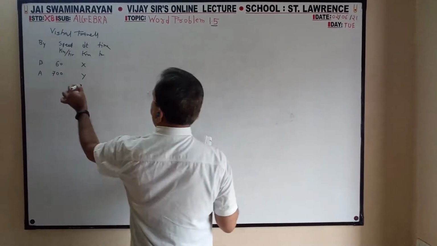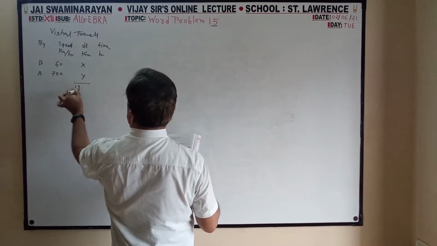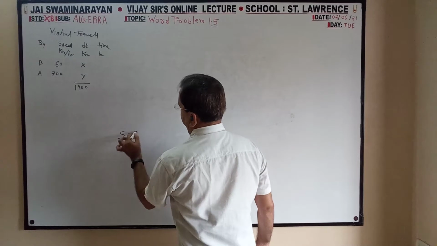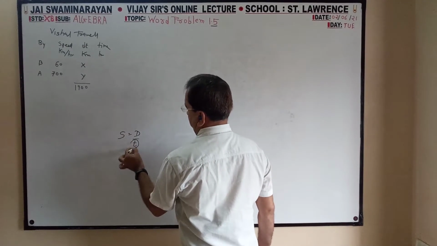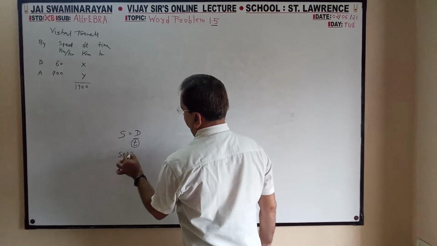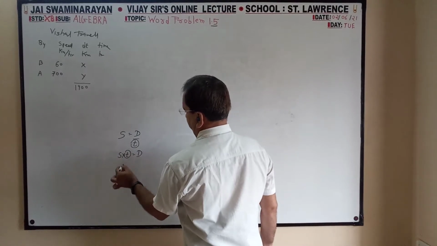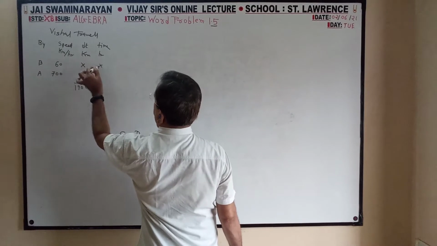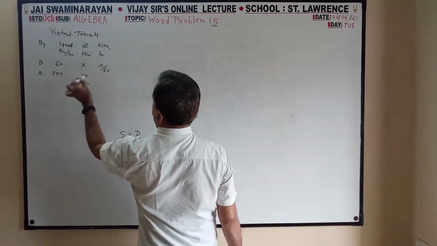The total distance traveled is given as 1900. As speed is equal to distance by time, speed into time is equal to distance, so time is equal to distance by speed.